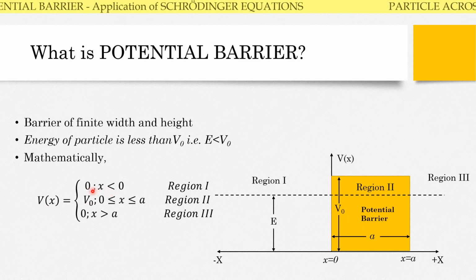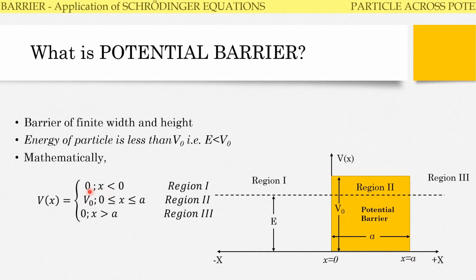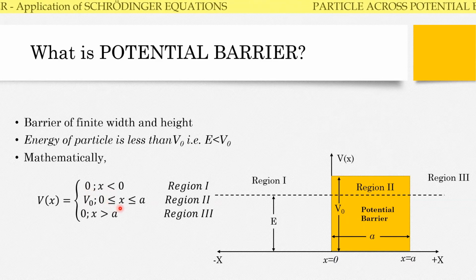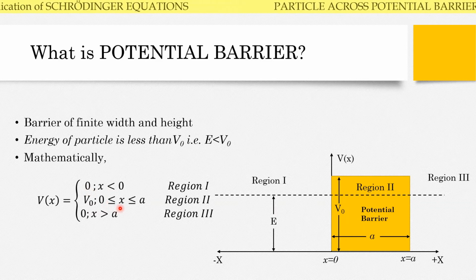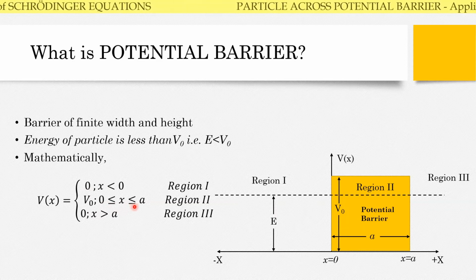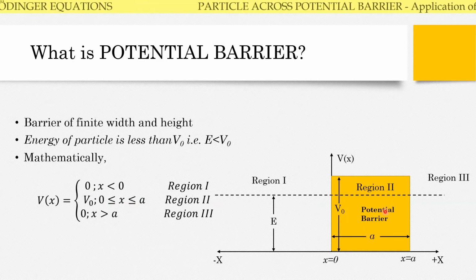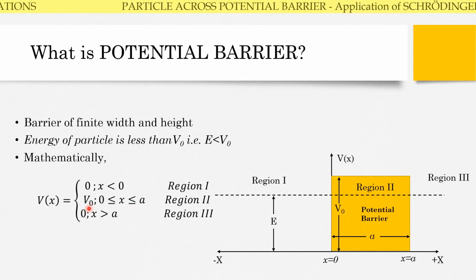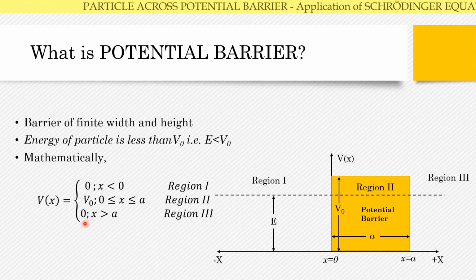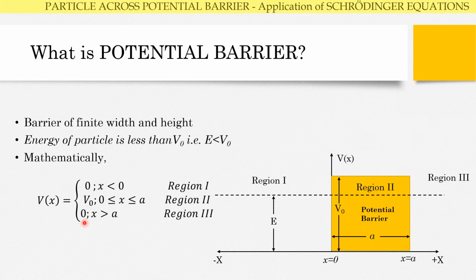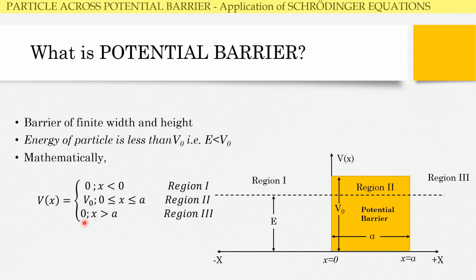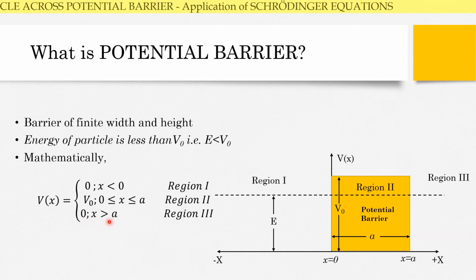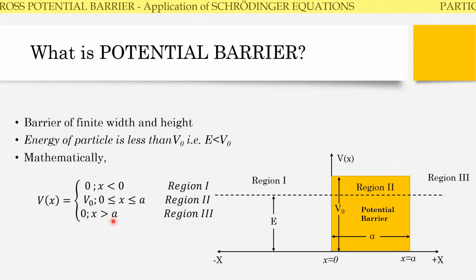It means for the region 1, the potential is 0, while for the region 2, which is x greater than or equal to 0 and less than or equal to a, this yellow region, the potential is V naught. Further, again in the region 3, the potential drops and becomes 0 for all x greater than or equal to a.